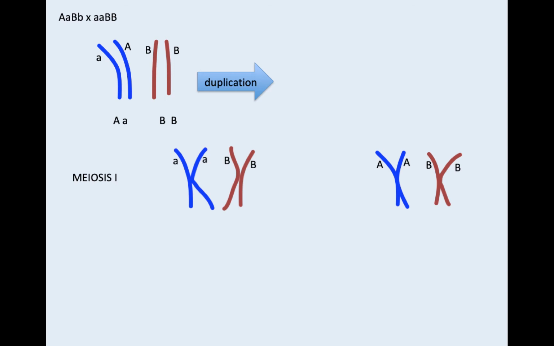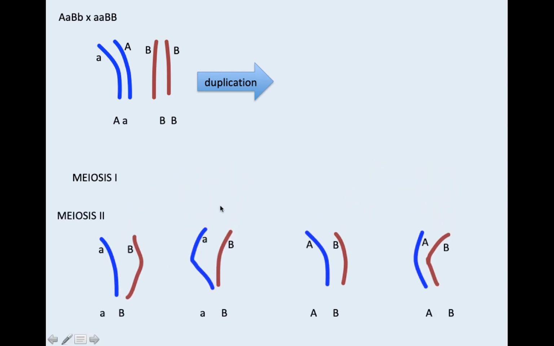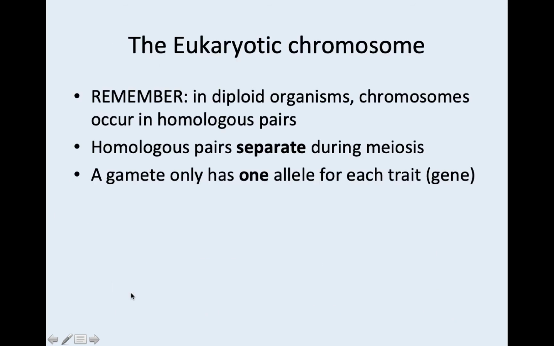Imagine mitosis on a gamete. We're just going to pull those chromatids apart. So we're going to do that. Okay, and again, it's going to be random every single time, but those are the possible gametes here, and we know we might have crossing over going on with other genes, but the important thing is that you've just got one chromosome where the A gene is on and one chromosome with the B gene.